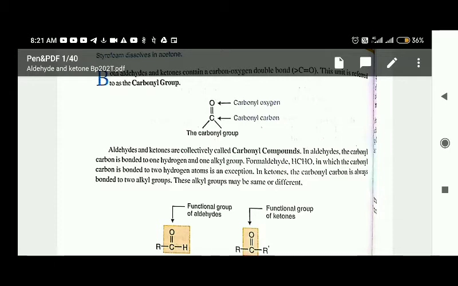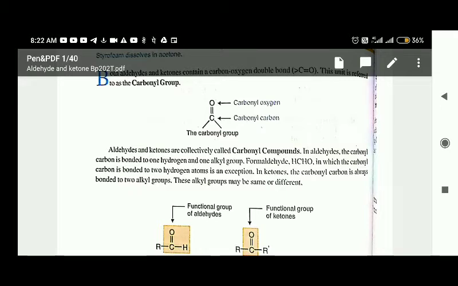Out of these two, RCHO and RCOR, which one is more reactive? A question may ask you which one is more reactive. Because I said that carbon is delta positive and oxygen is delta negative, we must focus that as it is giving the nucleophilic addition reaction, the carbon must retain the positivity.